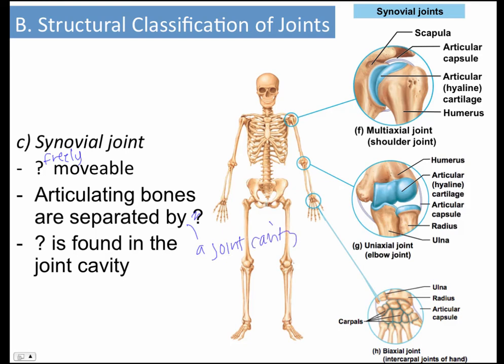Within this joint cavity, if you remember that connective membrane, the membrane composed of only connective tissue, is the synovial membrane, and between that we have synovial fluid, helping to prevent friction and also absorb shock. And because there are lots of freely movable joints within our body, we're going to cover the different categories of synovial joints and the different types of joints that are synovial in the next few slides.